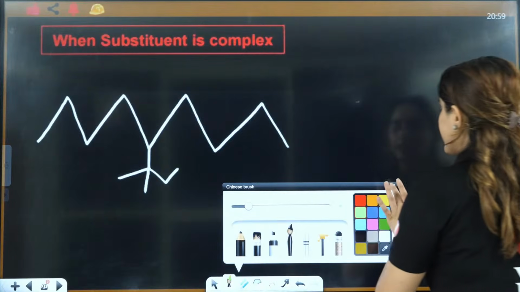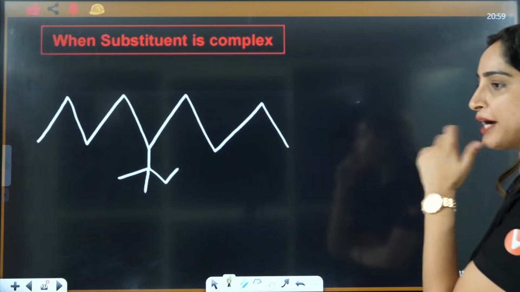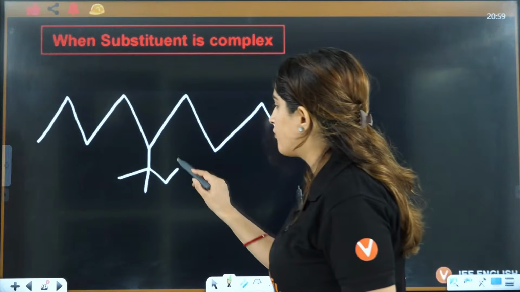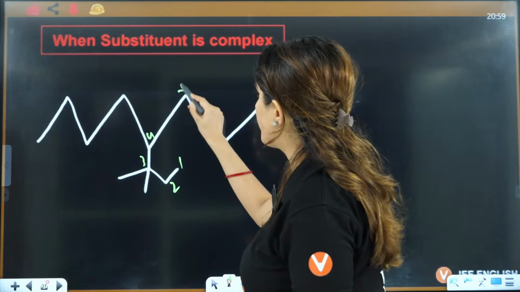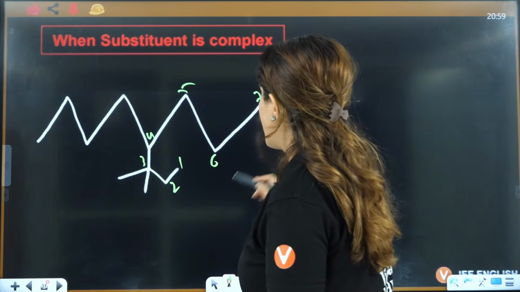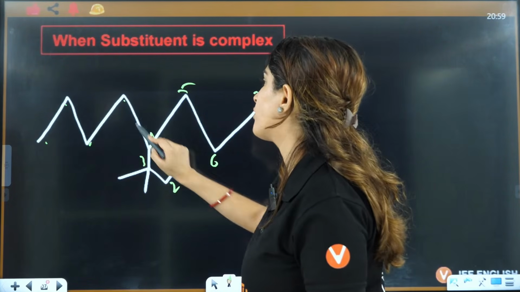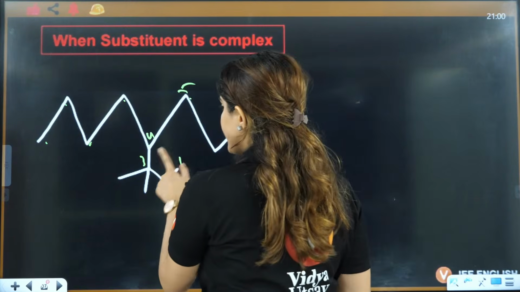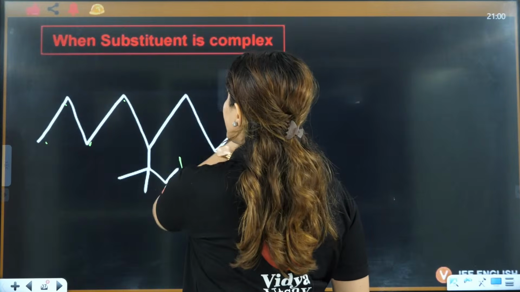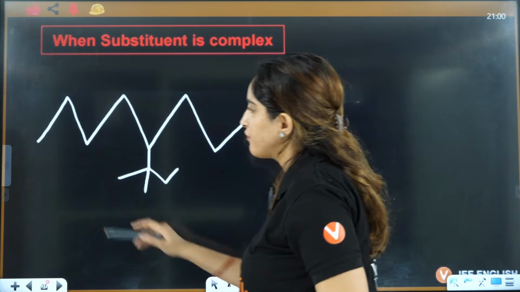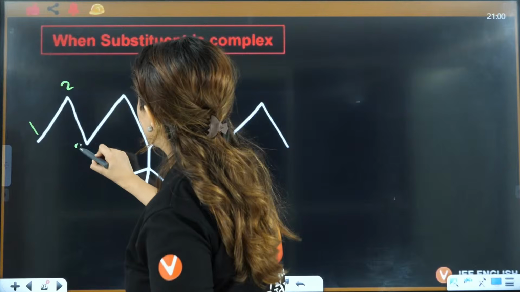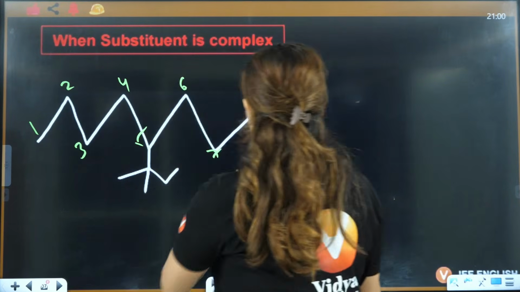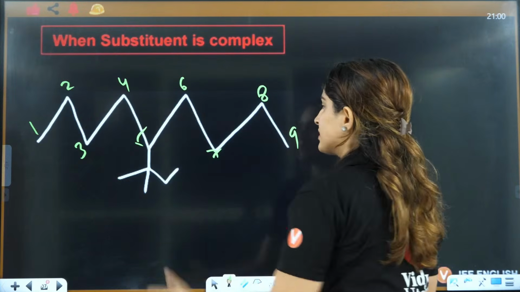If the substituent is a complex substituent, ma'am, I don't want to make it complex, then make the longest chain. Let's see. 1, 2, 3, 4, 5, 6, 7, 8. But if I choose 1, 2, 3, 4, 5, 6, 7, 8, 9. So if I choose this, then it will be 8 carbons. If I choose this, 1 to 9, or 1, 2, 3, 4, 5, it is symmetrical.